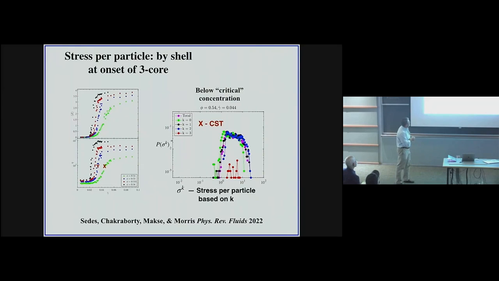At this point on the CST curve, what I see is that the probability of a given stress state, and that's the stress per particle based on K here, doesn't depend on which core it's in, right? The 3 core arrives right below all of the other cores. There's slight deviations in the others, but they all have a very similar mean stress per particle.